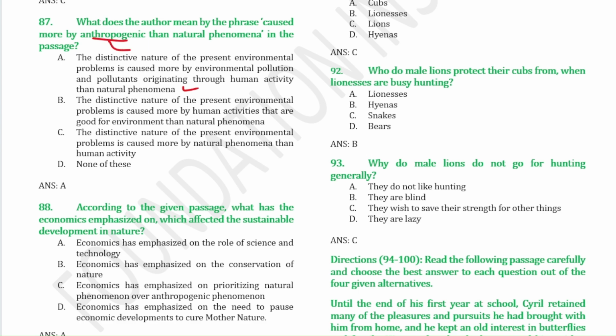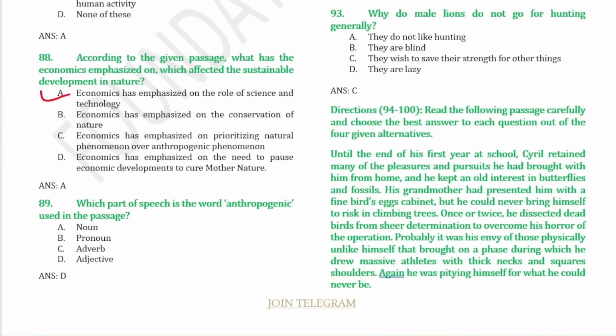Anthropogenic means something that is caused by human activity. According to the given phrase, what has the economics emphasized on which affected the sustainable development in nature? That's option number A, that is economics has emphasized on the role of science and technology. Which part of the speech is the word anthropogenic? Anthropogenic is an adjective.